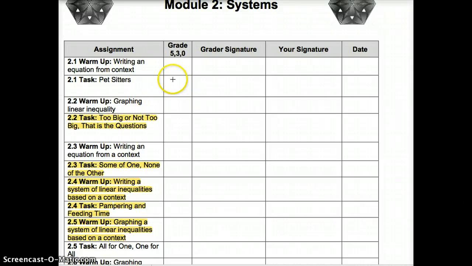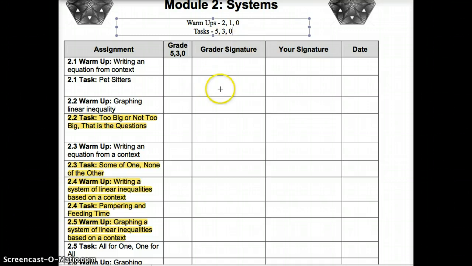So I'd like to remind you that all warm-ups can either be a 2, a 1, or a 0, and all tasks are either a 5, a 3, or a 0. So remember, when you say something is full credit and you sign your name next to where you put that grade, you truly believe that they earned full credit.